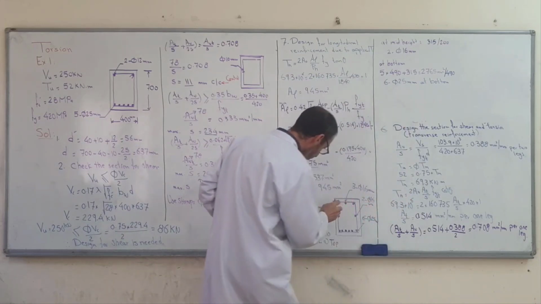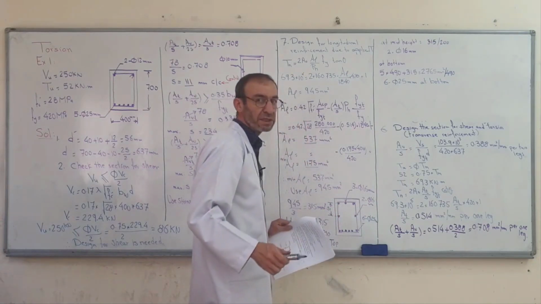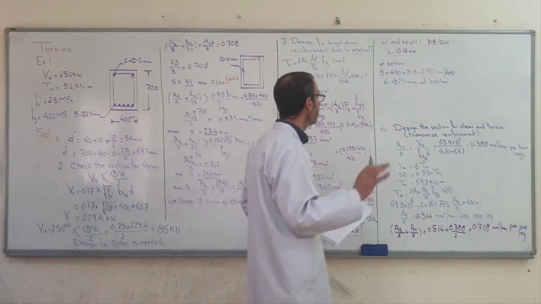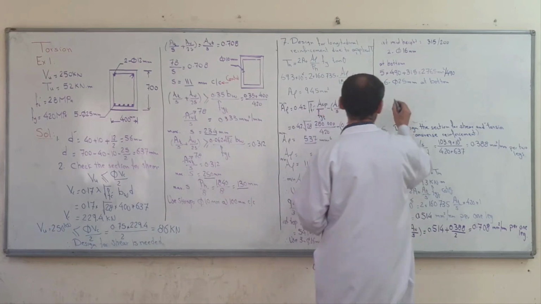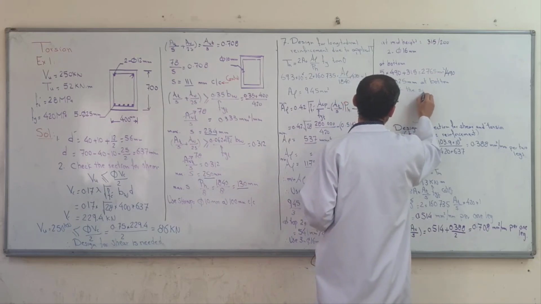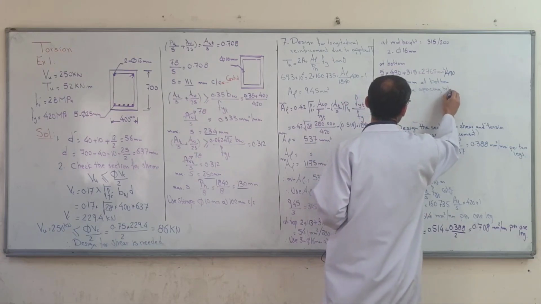Now it's required to find this distance, which we call S1. S1 must be less than 300 millimeters. Check the spacing between longitudinal bars.